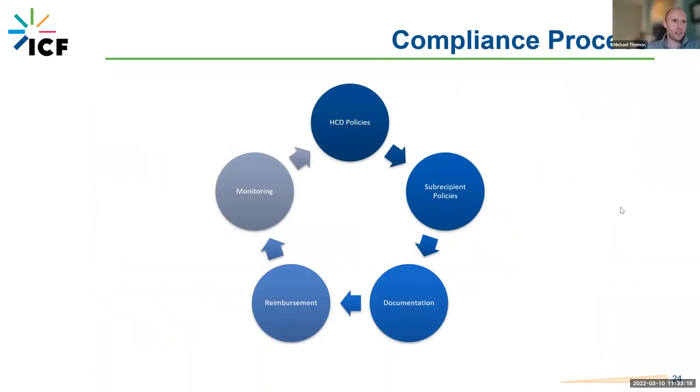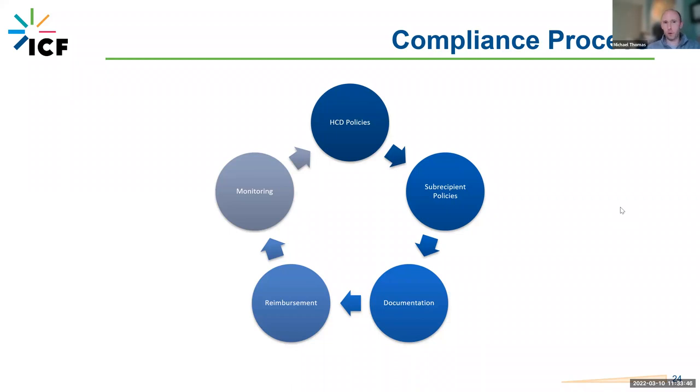So this is within the context of the HCD ESG program, but this is kind of what the compliance process looks like. So you've got your policies, the HCD policies, which have to be compliant with all of the stuff we talked about earlier. So I'm kind of getting down to the local level here. You've got the HCD policies, and those feed into subrecipient policies. All of that determines what the documentation is going to look like for things like salaries.